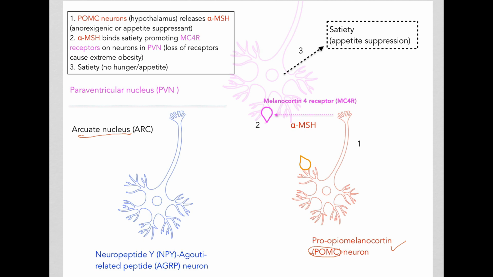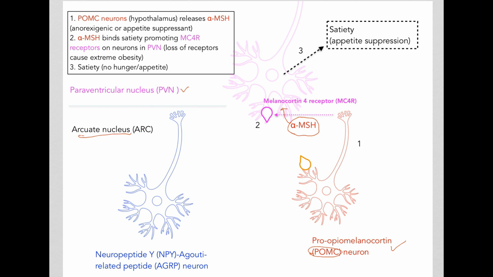Now these POMC neurons secrete this chemical alpha MSH. Alpha MSH will bind to neurons present in the paraventricular nucleus of the hypothalamus.